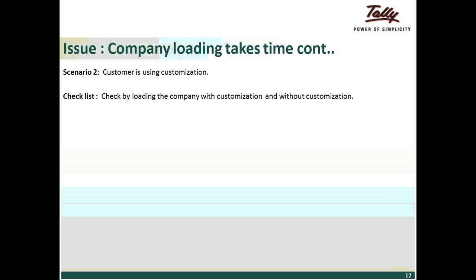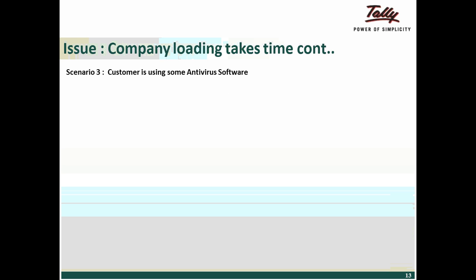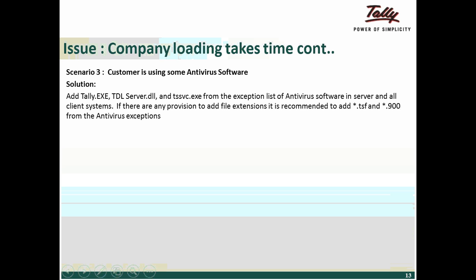Okay, so, check by loading the company with customization and without customization. If there is any difference, it is recommended to optimize the customization. Scenario 3: if there is any antivirus being used by the customer, you have to exclude Tally-related files, that is Tally.ERP9 and TDL-server.dll, from the exception list of the antivirus.